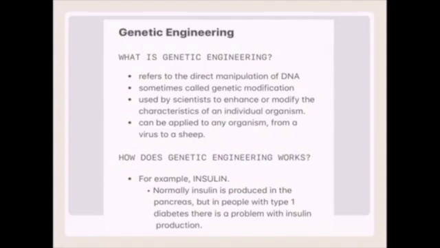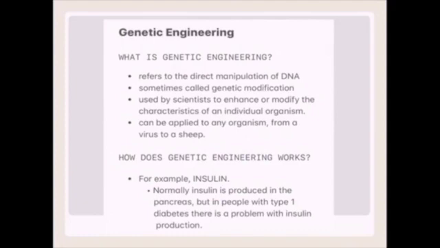It can be applied to any organism from a virus to a sheep. For example, genetic engineering can be used to produce plants that have a higher nutritional value or can tolerate exposure to herbicides. How does genetic engineering work?